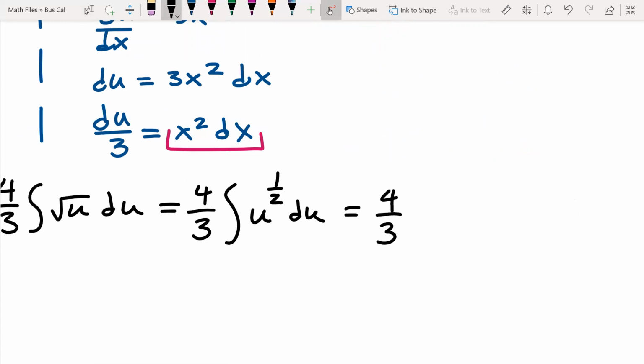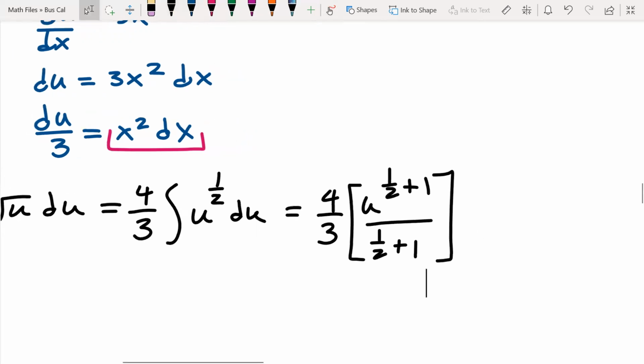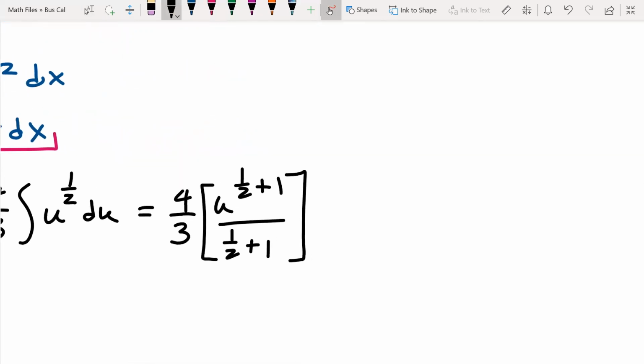Since it's a fraction, let's do some fraction work. u to the 1/2 plus 1 over 1/2 plus 1. Power rule on that. Here we will get 4/3 times u to the 3/2 over 3/2.